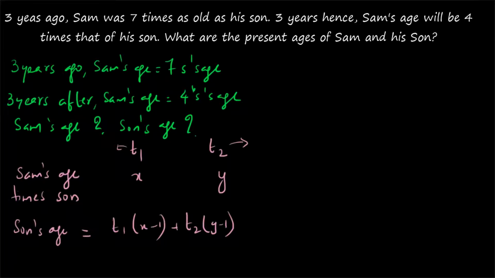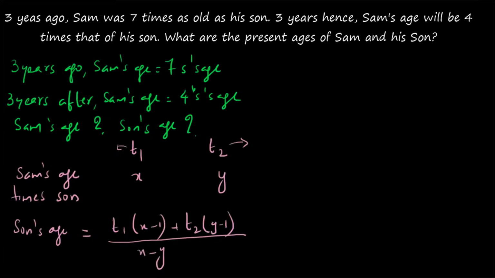Whatever the present relation, we always write the numerator as T1 into (X minus 1) or T2 into (Y minus 1). Here you combine both: T1 into (X minus 1) plus T2 into (Y minus 1), the whole divided by the difference between X and Y, so X minus Y. The denominator remains the same.